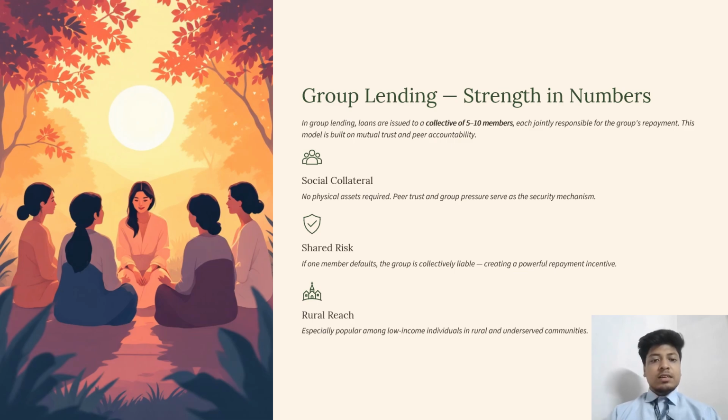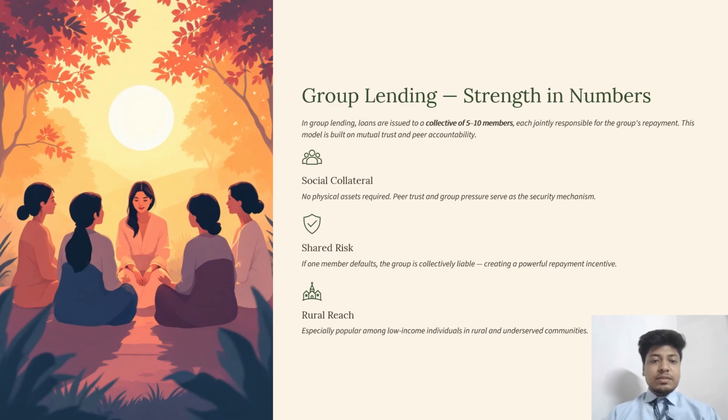Next we have shared risk. This is where the strength in numbers really shows up. If a single member of the group defaults or can't pay, the entire group is collectively liable. This creates a massive incentive for members to support each other. They basically act as each other's coaches to make sure everyone succeeds and pays back their share.